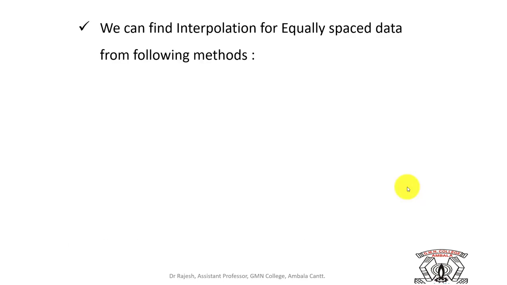We will now study the various methods to find the interpolation for equally spaced data. Equally spaced means the data has equal spacing. Equal spacing means the difference between the consecutive arguments is always equal to some same constant quantity.